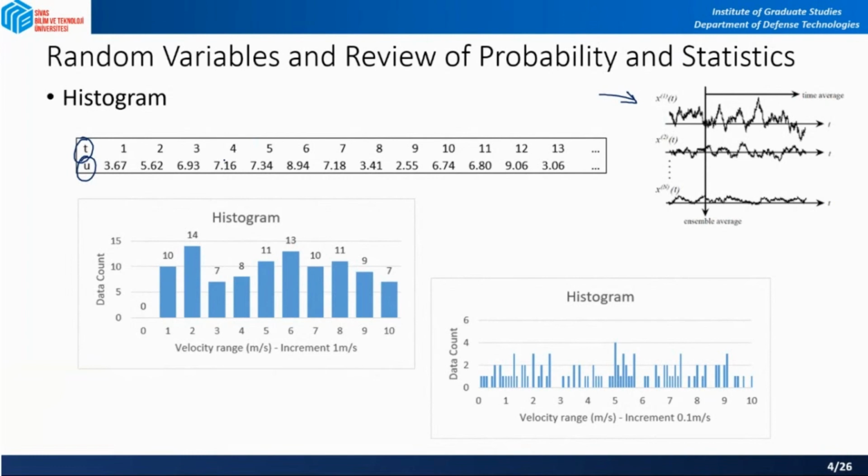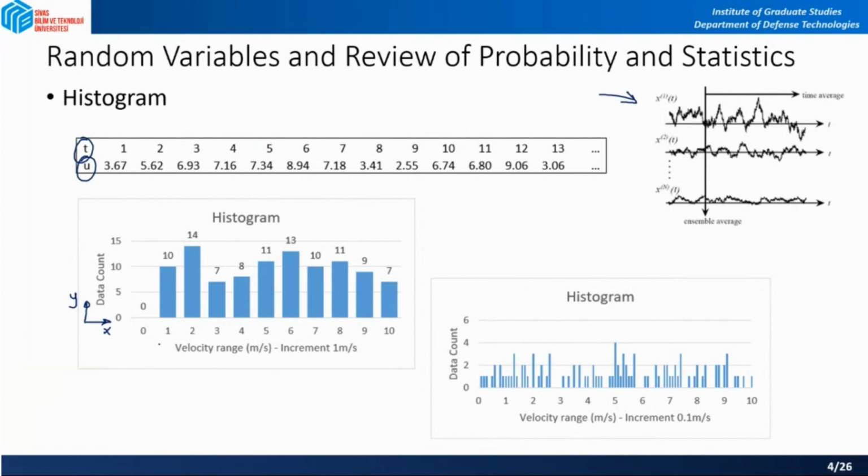What you do is you start to prepare a plot. In this plot, you put the values of velocity in determined increments on the x-axis. This is your x-axis, this is your y-axis. I said you put increments of the velocities here.